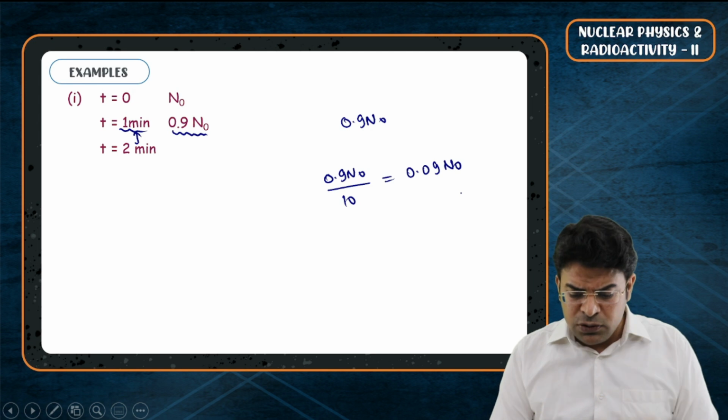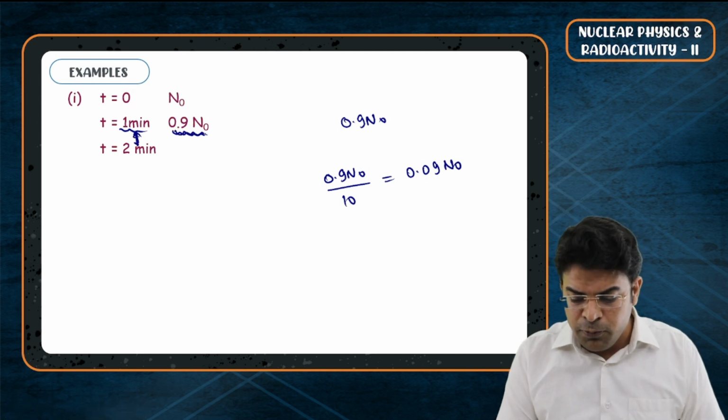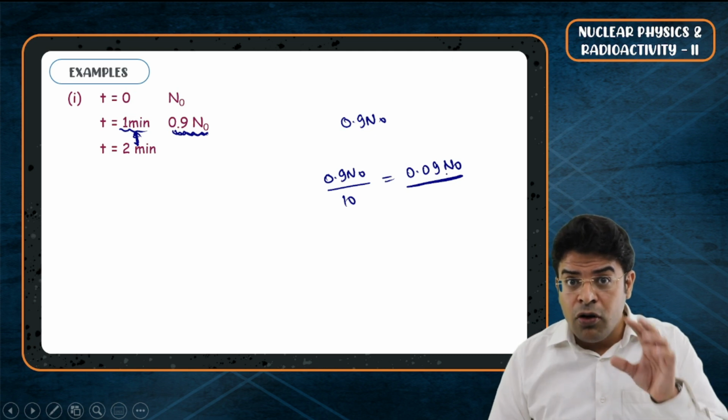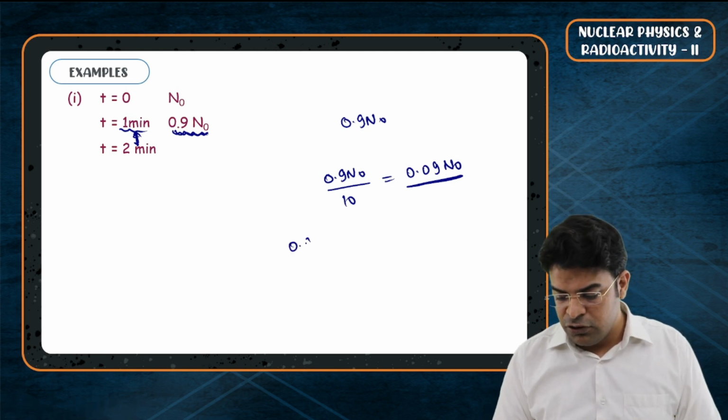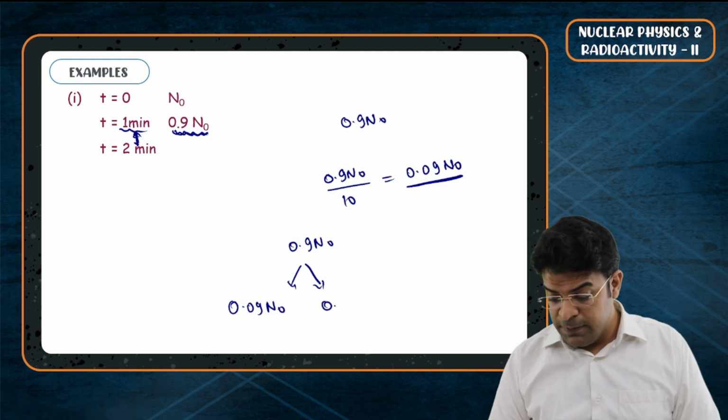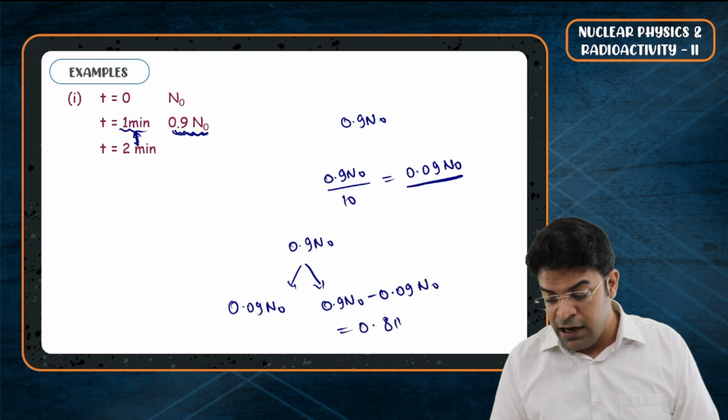So in the next 1 minute time frame, out of 0.9 N naught, 0.09 N naught will decay. So how much will be left? What will survive after 1 more minute will be 0.9 N naught minus 0.09 N naught. That will give you 0.81 N naught.